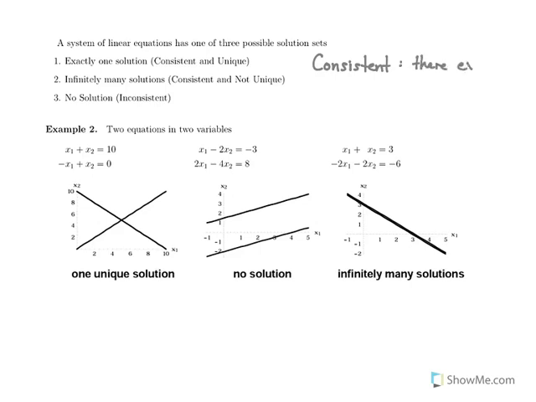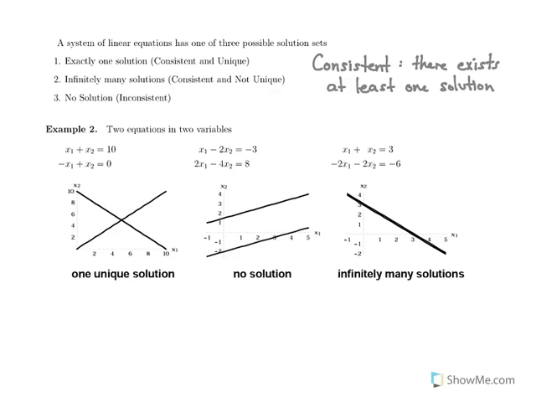There exists at least one solution, maybe more. And unique is what defines if there's exactly one or more than one.